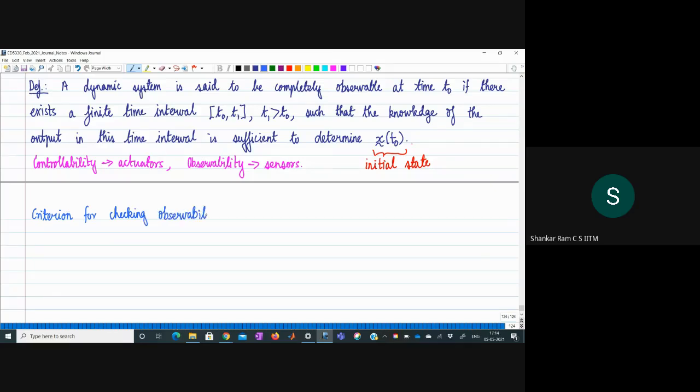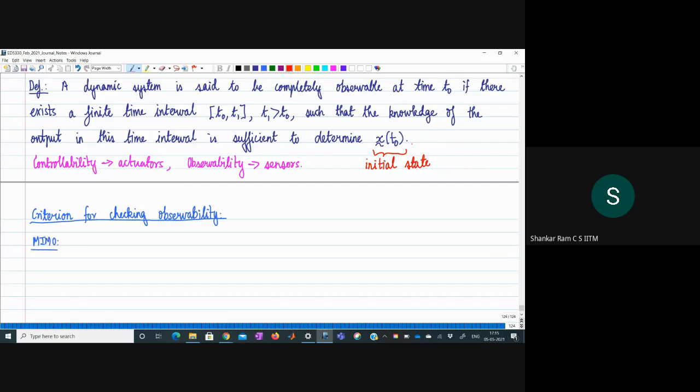Since observability has to do with the relationship between the output and the state, because we are now dealing with the output and its relation to the state vector, the observability criteria depends on the state matrix A and the output vector C or output matrix C, depending on whether we have a SISO system or a MIMO system. So let us first look at the MIMO system.